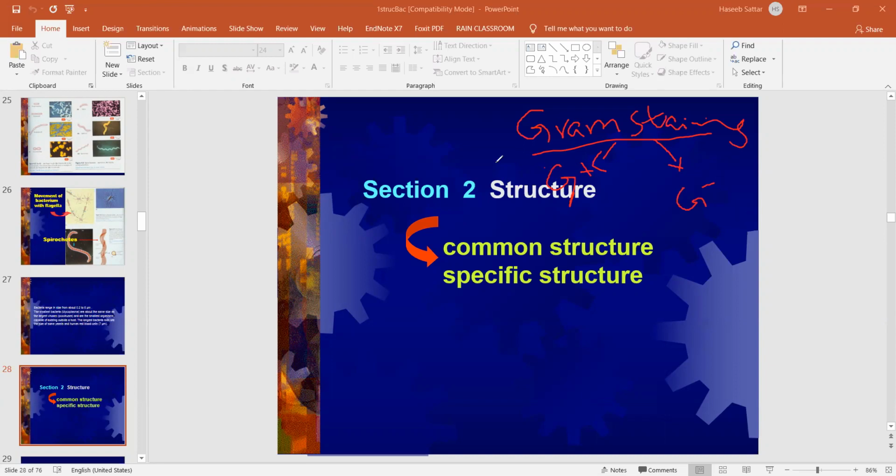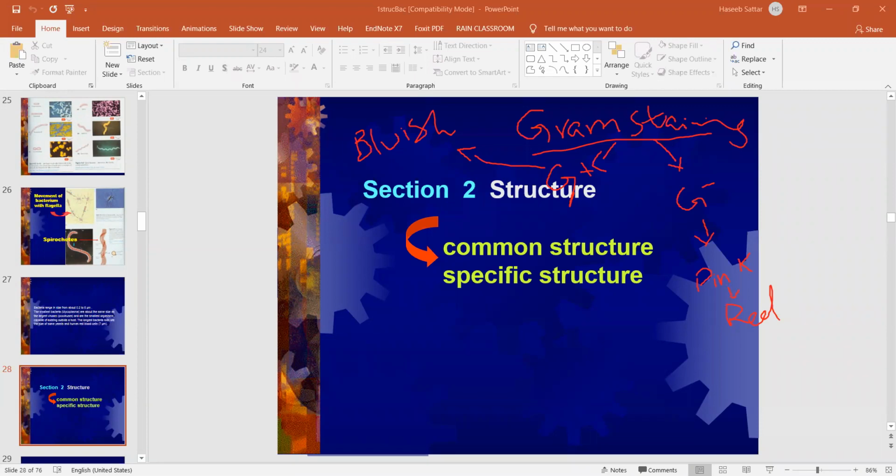Under a microscope, gram positive bacteria can be seen as bluish cells, while gram negative look pink to red in color. So at the end of the staining technique, we have gram positive and gram negative bacteria.